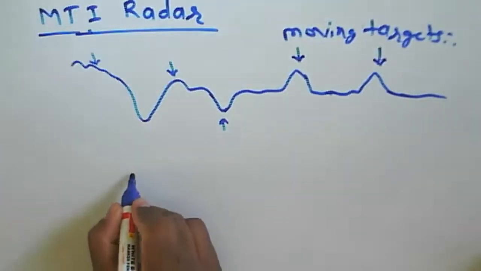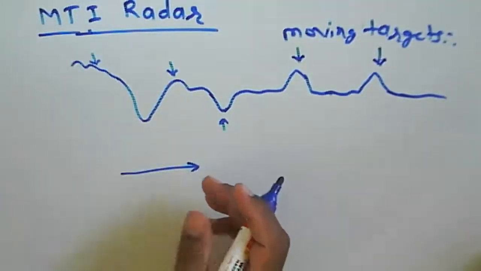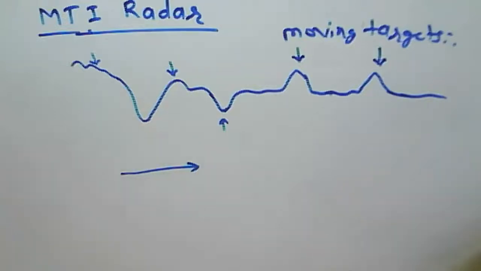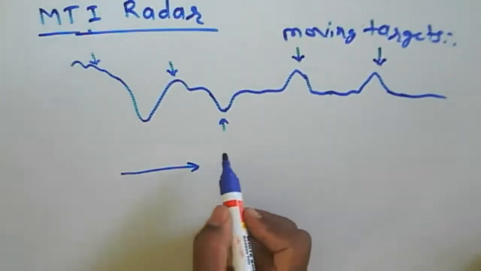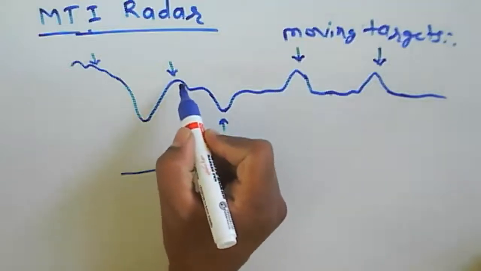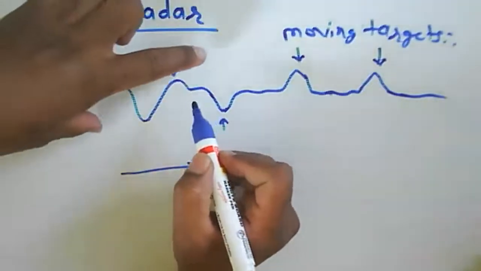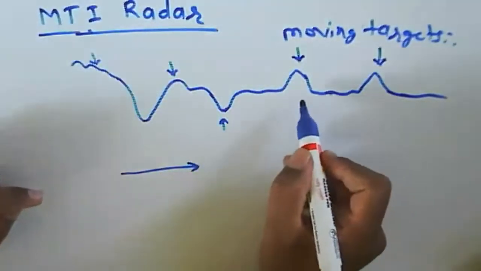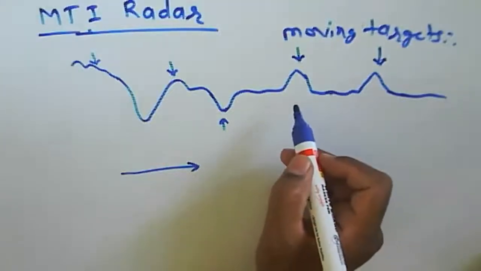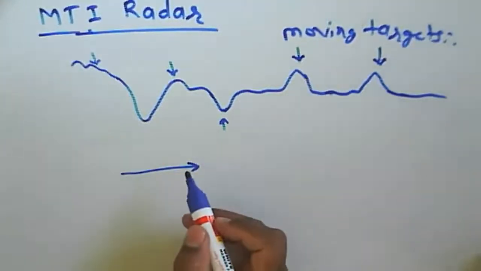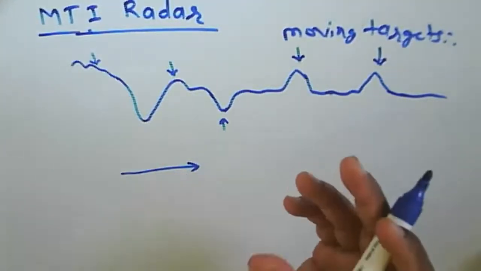Because we are transmitting the signal in space, even if some stationary objects are present within a given range, we get some peaks there. So our aim is to remove these peaks, and exactly what we are expecting is this particular signal.